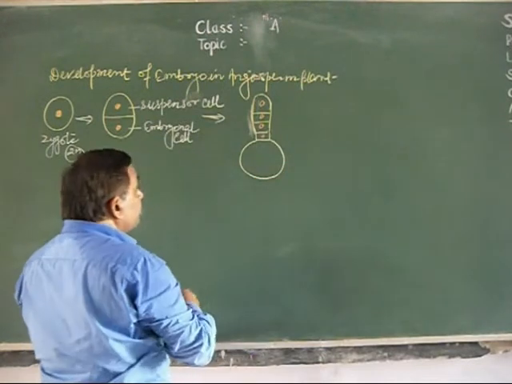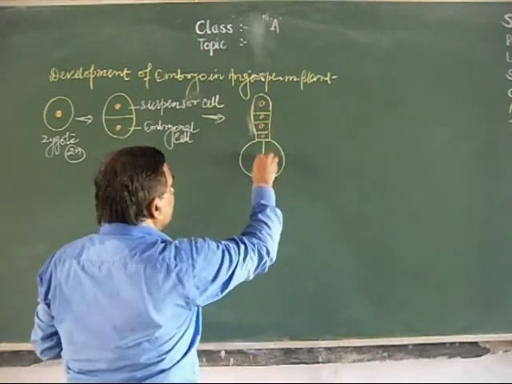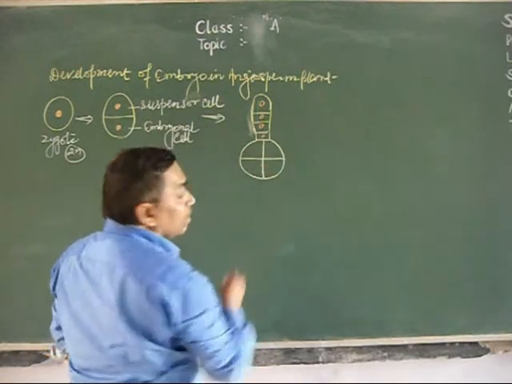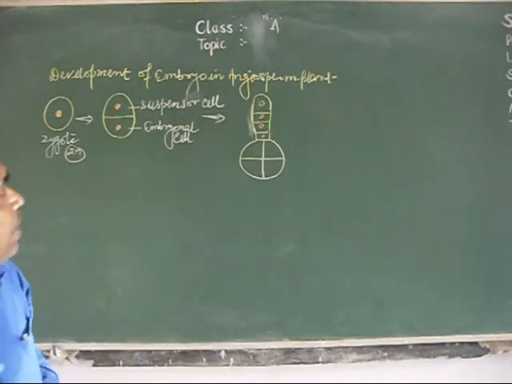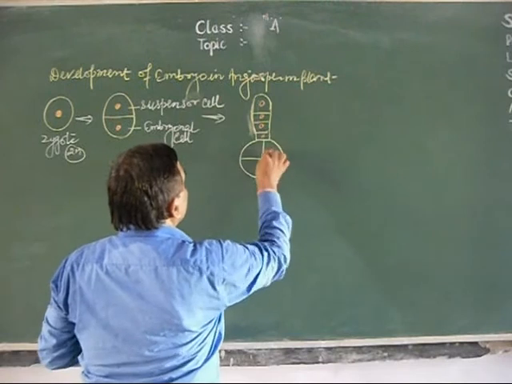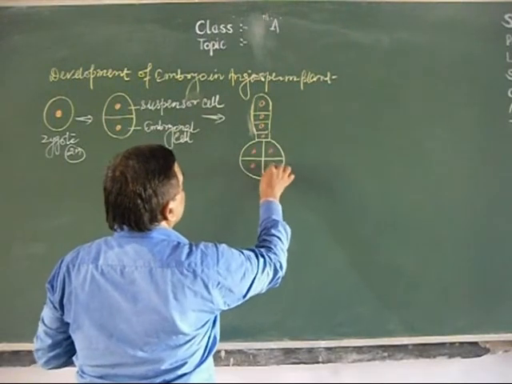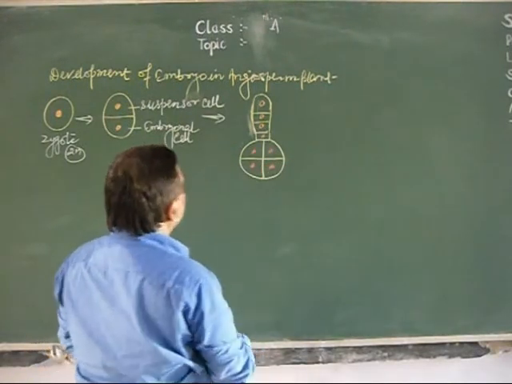this rounded cells, and this is called as embryonal cell.